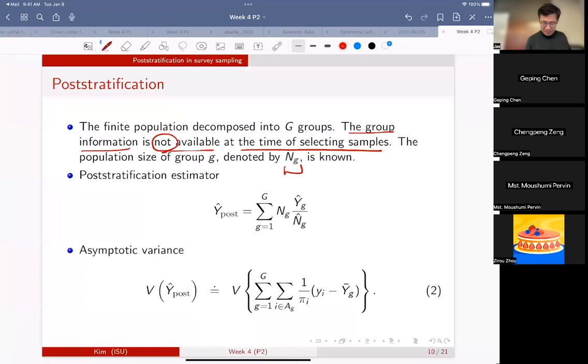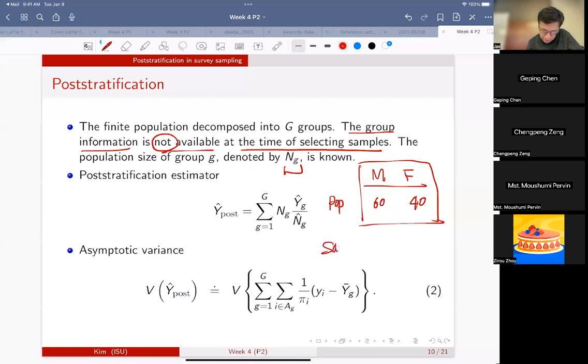So let me use the example again. Male, female, right? So population, suppose we have a 60-40. Sample, we have a 50-50. By chance, right? So at population level, we know they are 60-40. But by randomness, we get this proportion in the sample.